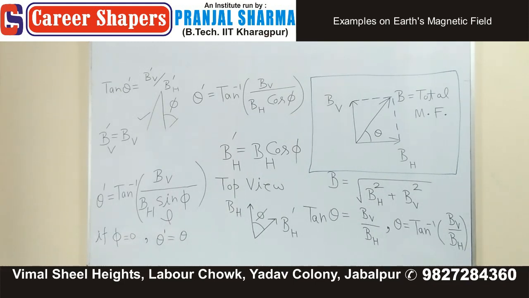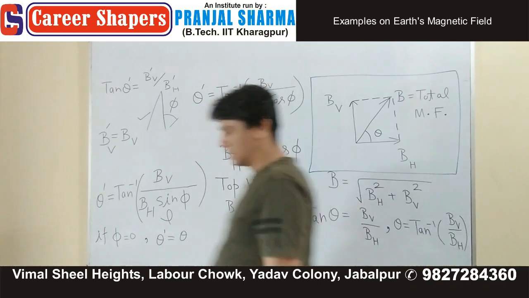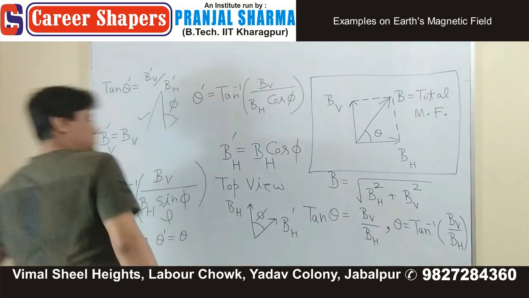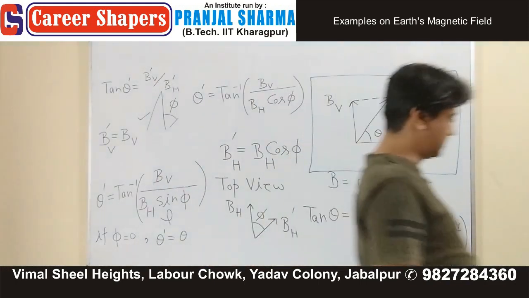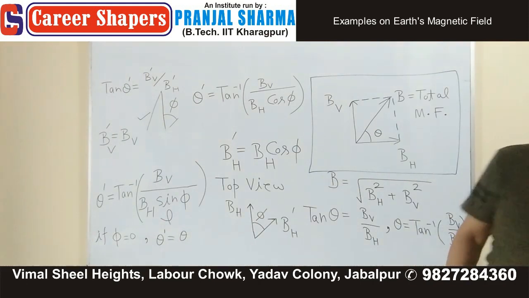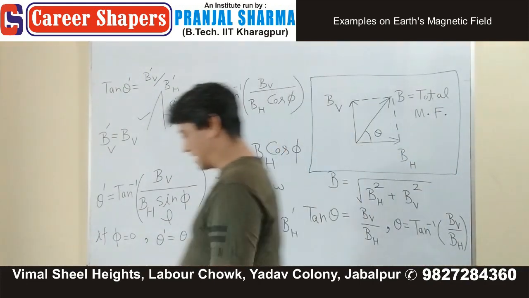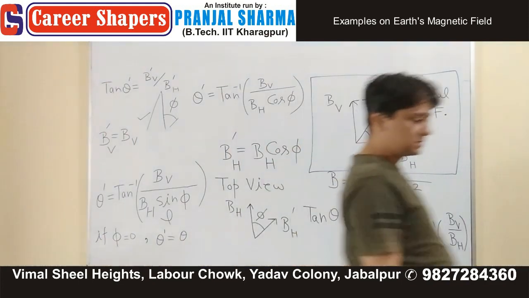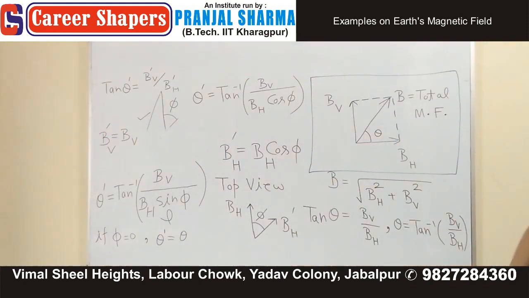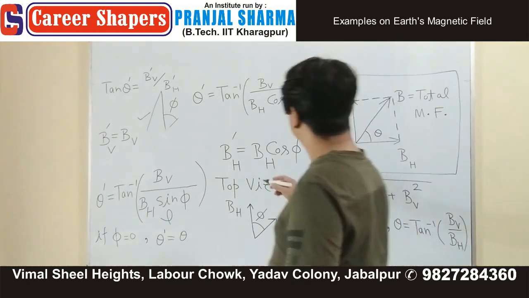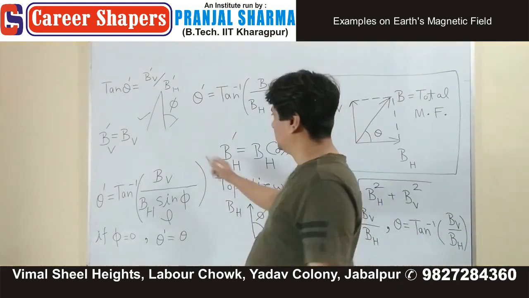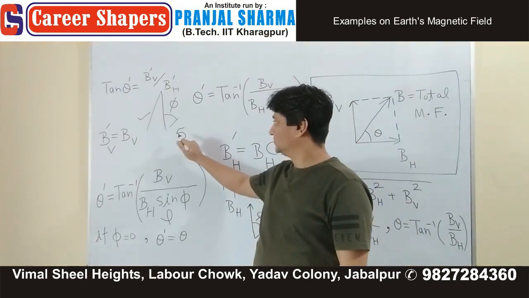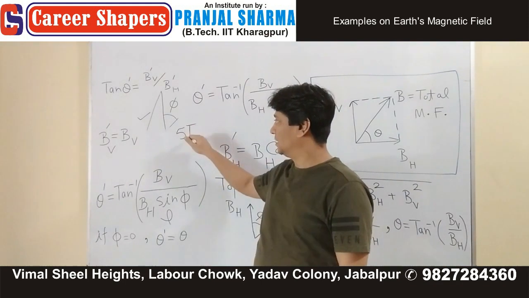Now write down a question. Strength of magnetic field at some place is 5 Tesla.